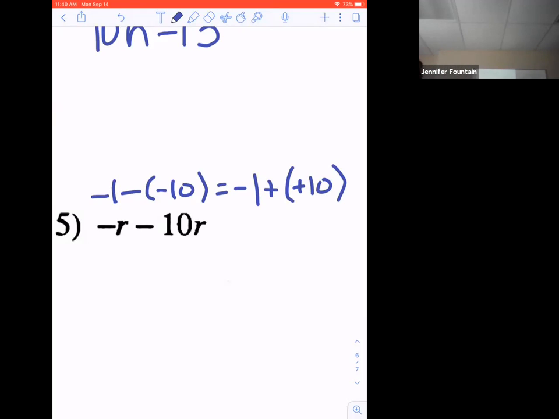Because in front of r, remember my understood coefficient, if there's no number written there, I understand it to be a 1, and there's a negative in front of it, so it's negative 1. So if there's no coefficient, you make sure you put in 1. So now I have -1 plus a +10, which is a +9, so my answer is 9r.